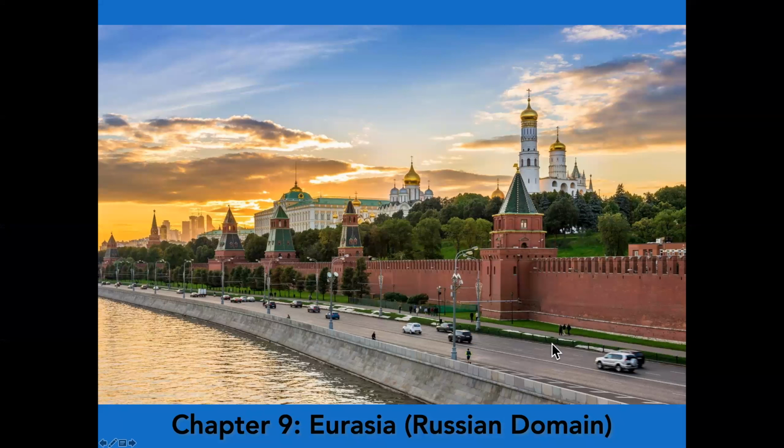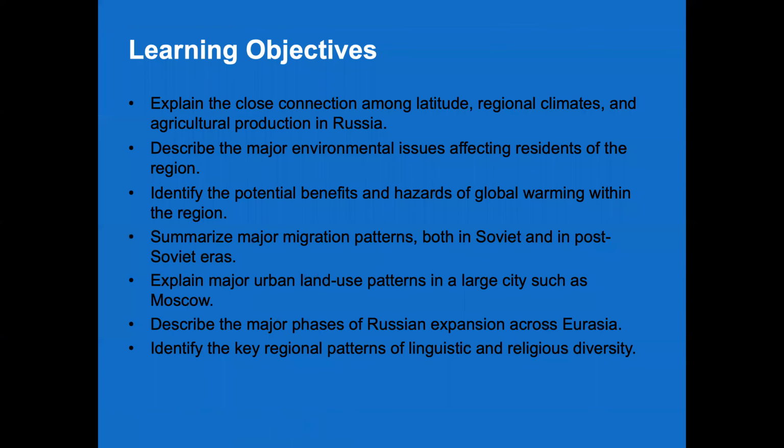This is a picture of Moscow, beautiful. It's sort of the epicenter of Russia and this whole region. Obviously, it's the biggest city. It meets the description or definition of urban primacy, meaning the city is twice as big as the next biggest city. Okay, so these are the learning objectives.